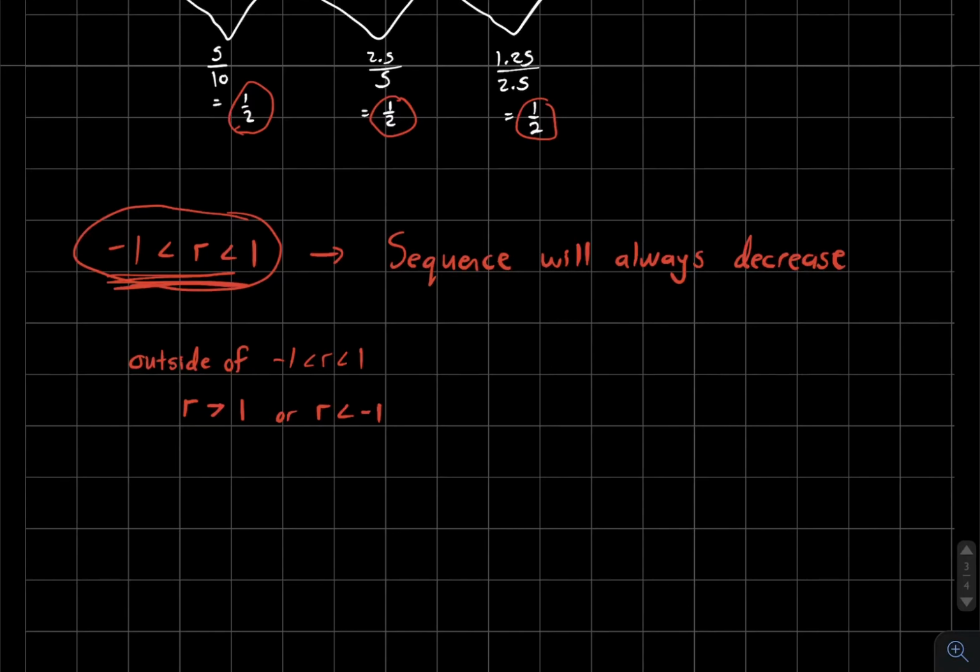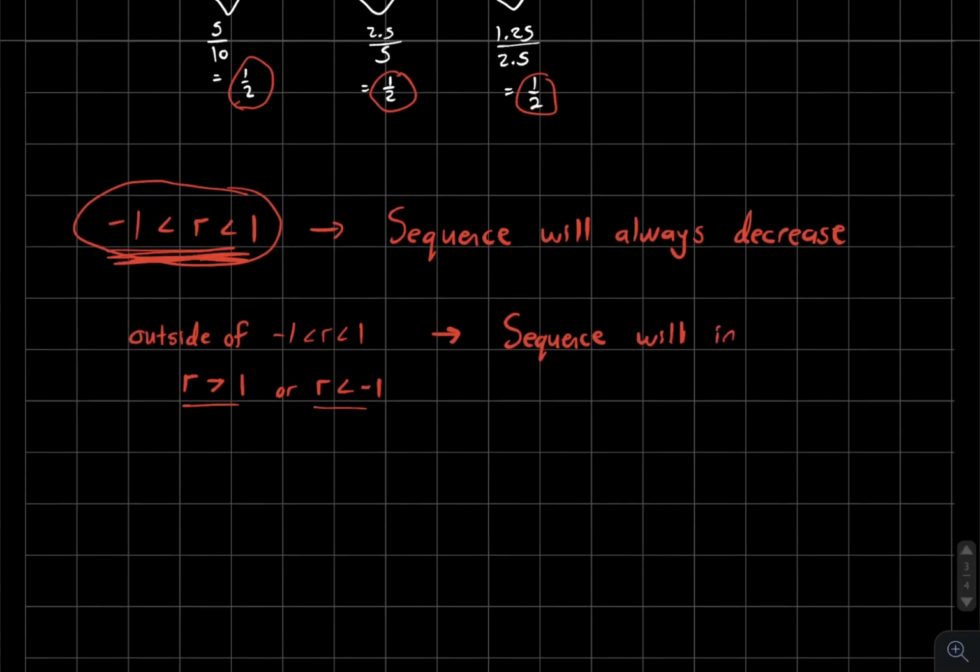So whenever r is greater than 1 or less than -1, the sequence will increase.